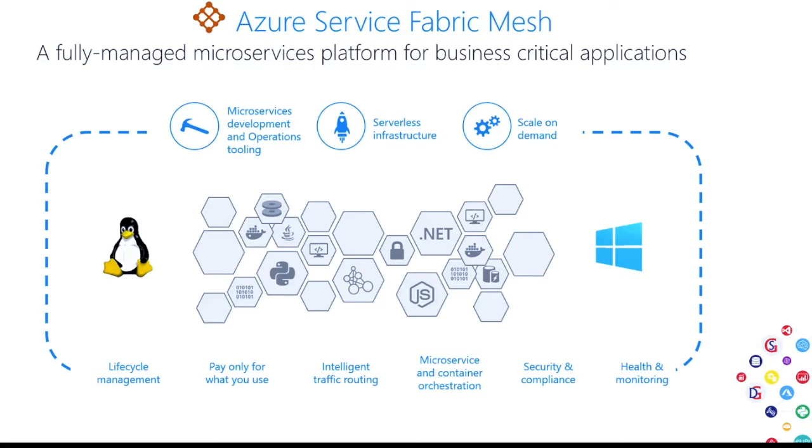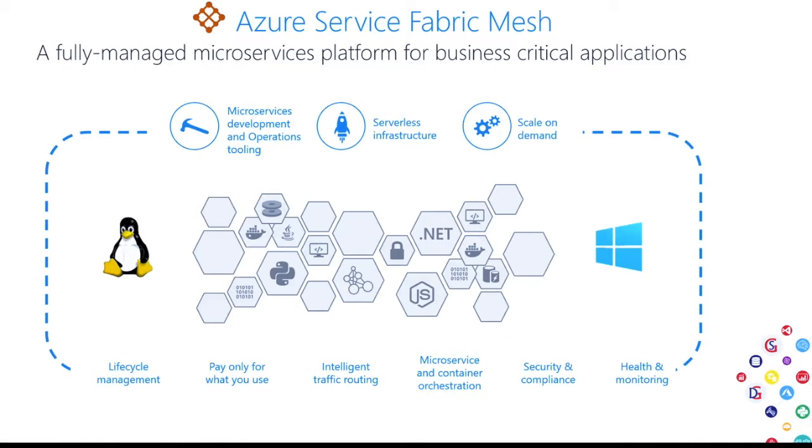Here is the Azure Service Fabric Mesh that allows us to manage the microservice platform, where we see all the services working together. We see this provisioning model where everything works together in the backend. This is the actual service mesh that allows us to see all the features that work there.